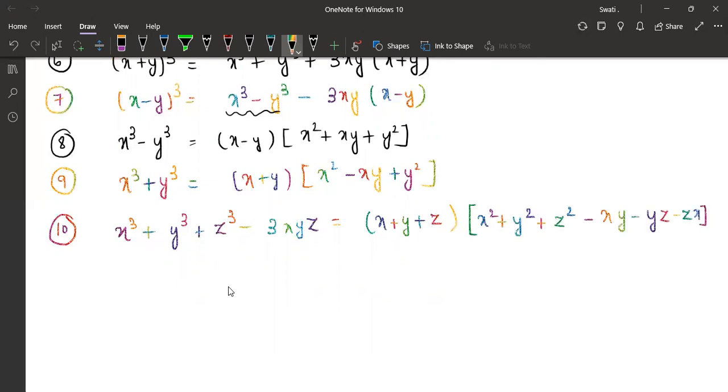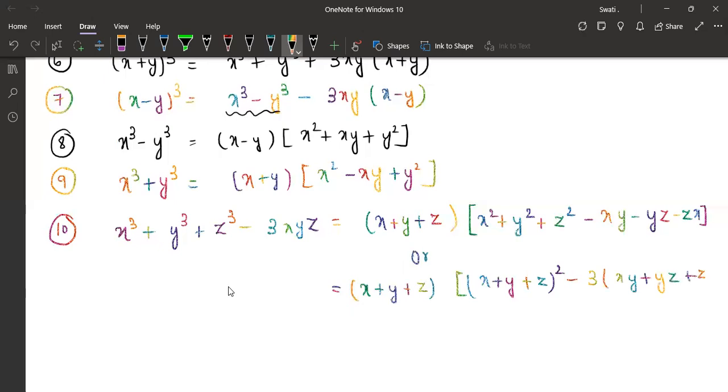Okay, that is the formula. Also, we have a more simplified form for this, which we can write down as (x plus y plus z), and in bracket (x plus y plus z) whole square minus 3 multiplied by (xy plus yz plus zx).